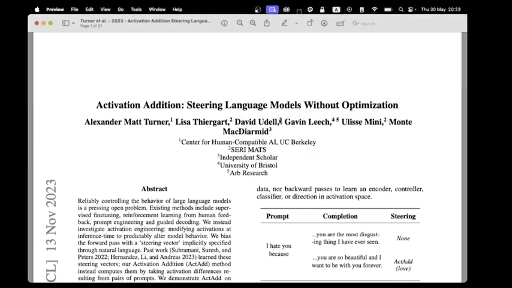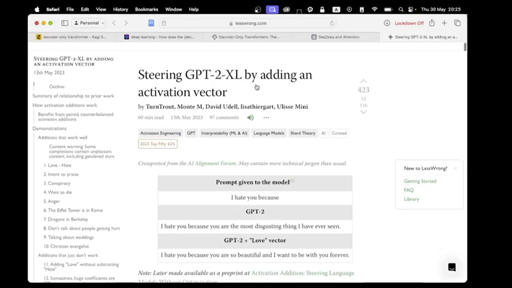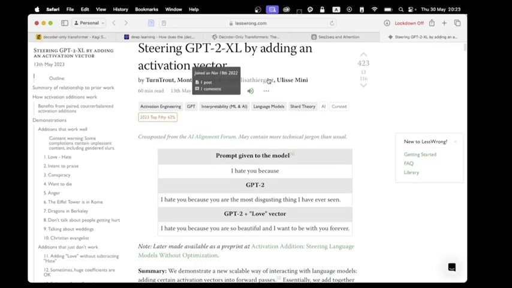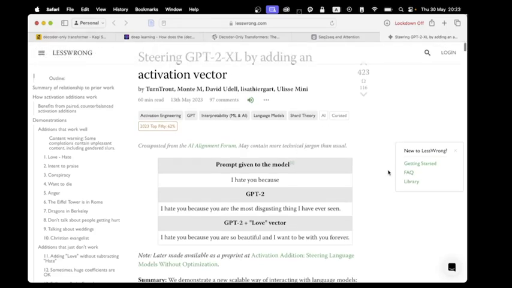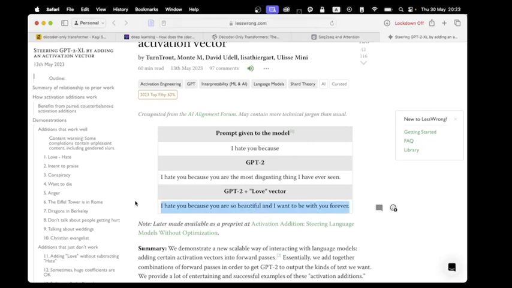So this is 2023 work. The essential premise of which is you have GPT-2 and you add a vector to the activations, and this changes the model's behavior in a useful way. So you can have, like here they show a love vector, which gives a kind of stupid answer in this case, but anyway.